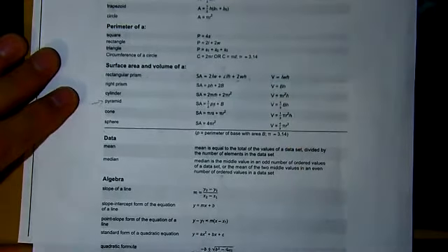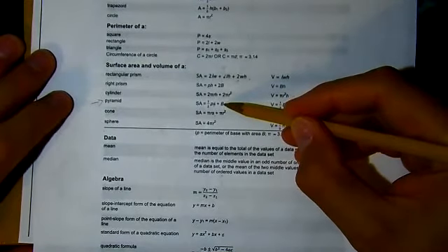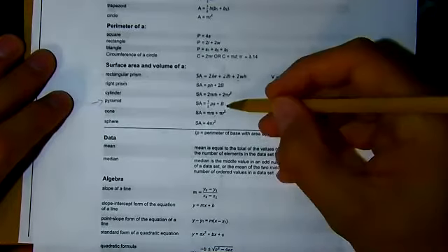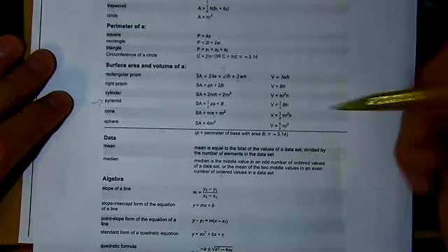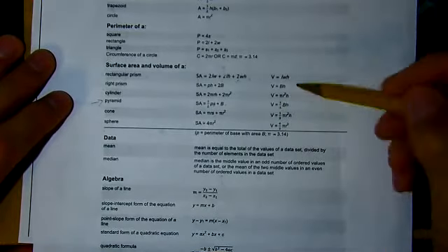S we talked about in the previous video, it's slant height. We also don't have a capital B in any other equations except for pyramid. You'll see one over here, pyramid. Capital B is the area of the base. And then you got to do that over here. Plus this has got a 1/3 in it. This has got a 1/2.